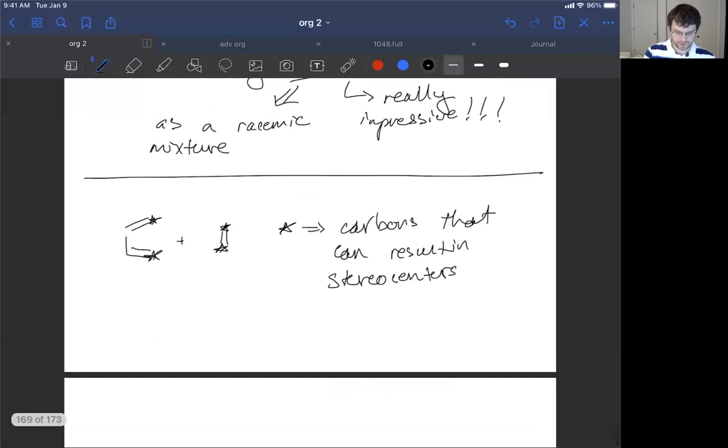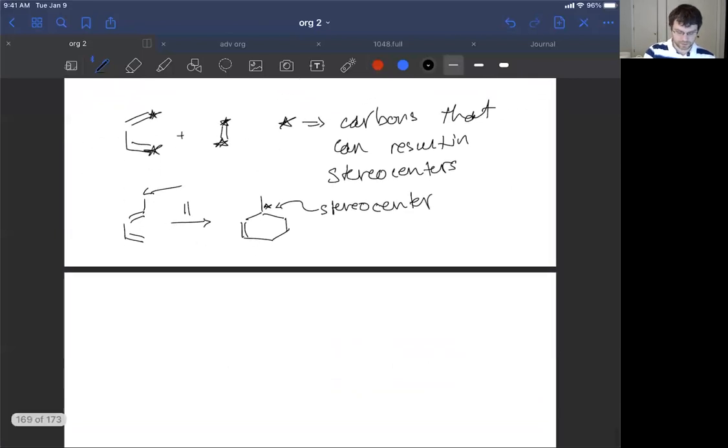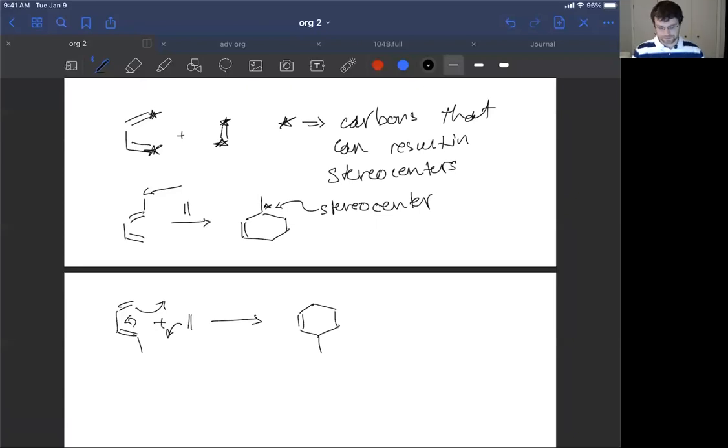That is to say, if you have something like this, we have a methyl group now. That methyl group, when it reacts with a typical alkene in a Diels-Alder reaction, is now a stereocenter. If we attach that methyl group to the other positions, we would give rise to different Diels-Alder products, also with stereochemistry at the center with the methyl group. In each case, I'm going to draw a six-membered ring and then attach the methyl group to the appropriate carbon.